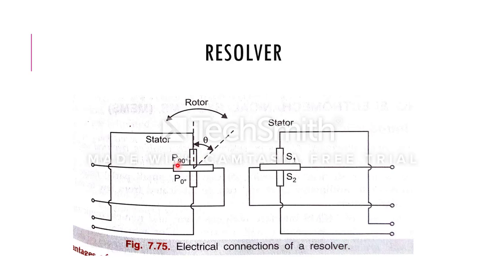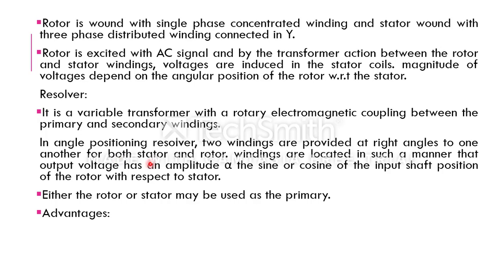If you control the transmitter by some angle, then the resolver, that is the receiver, will be controlled by the same angle as the transmitter. That is the working of this resolver. You can see that in an angular position resolver, two windings are provided at right angles to one another for both stator and rotor. Go through these advantages of synchros and resolvers, which is a very important topic.